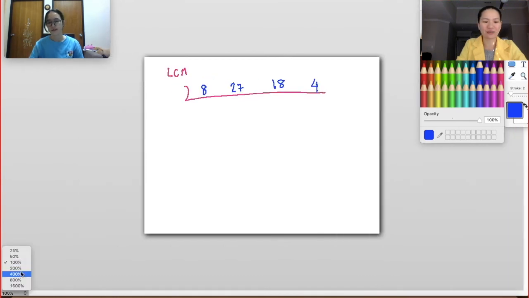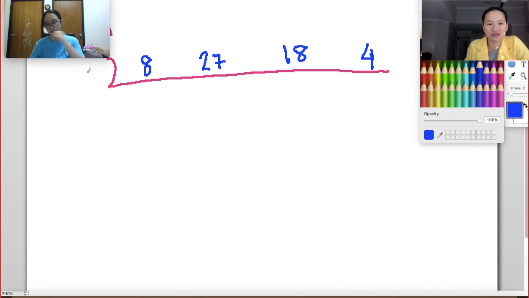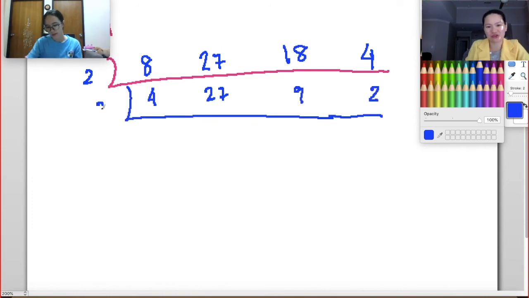How about we start with 2? Divided them with 2. Okay, what is the answer, please? 8 divided by 2 is 4. Yeah. 27 the same. 9, 2. How about next one? I divided them with 2 as well. 2, 27, 9.